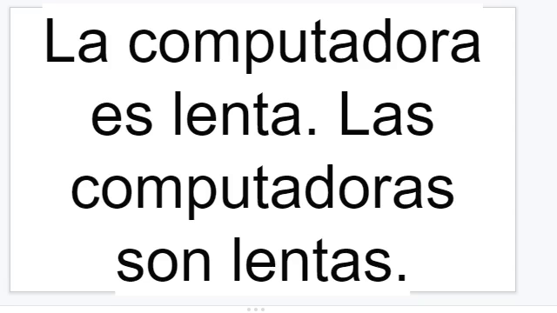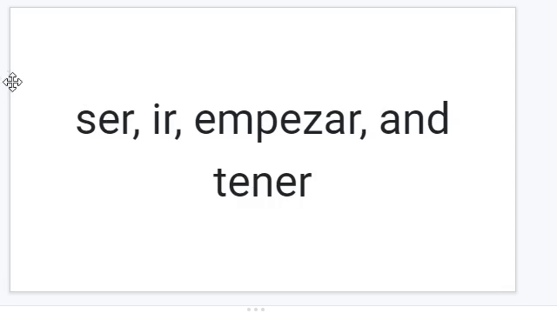Is, are, was, or were, and are. So if I am saying the computer is slow, the word is comes from the verb to be, and to be in Spanish is spelled with the letters S-E-R.